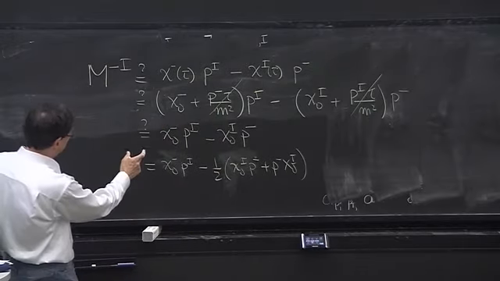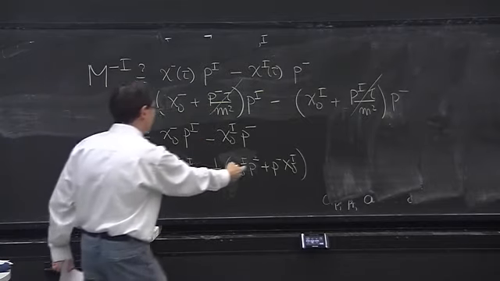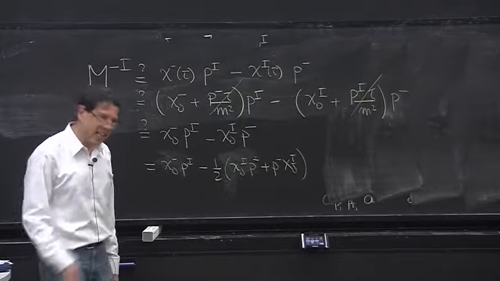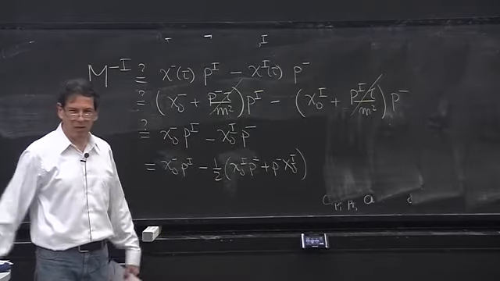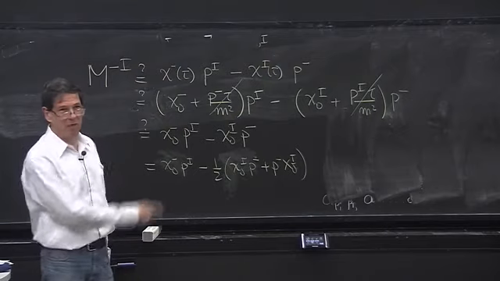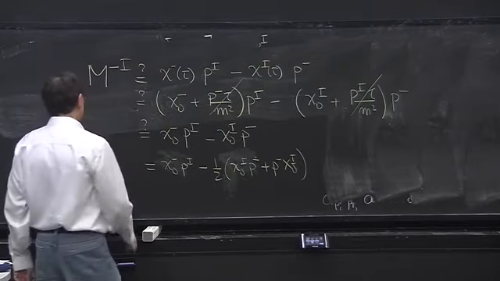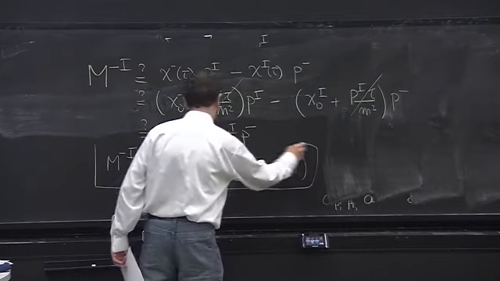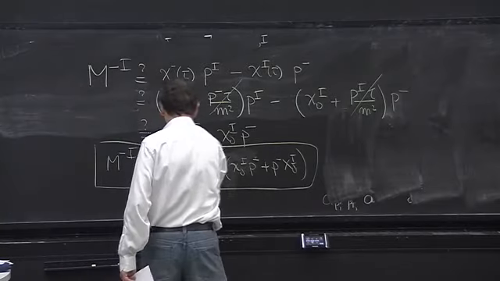You take this operator plus its Hermitian conjugate, and you divide by 2. In the classical theory, this would probably be the right thing to do because they're the same. So you hope this works. But you must check it. So this is the tentative expression for m minus I. And one must check that this algebra holds.